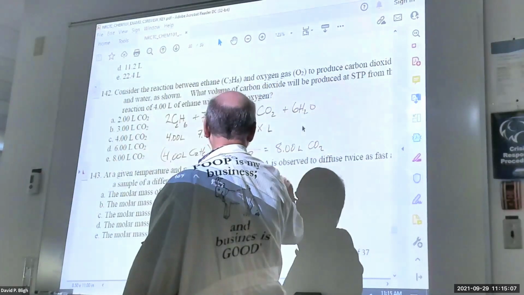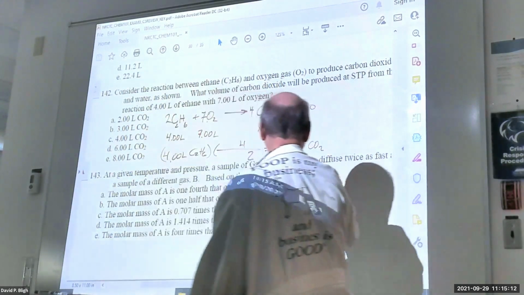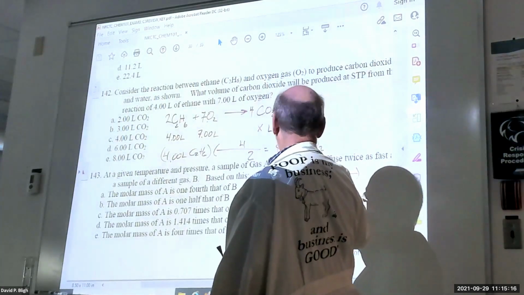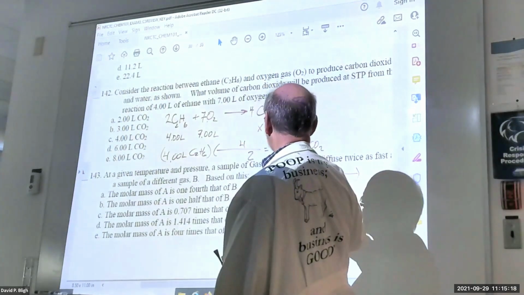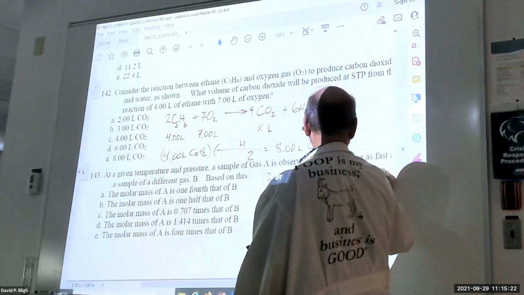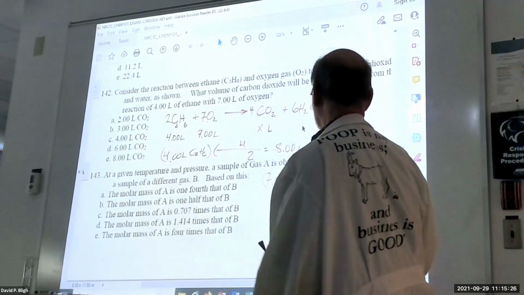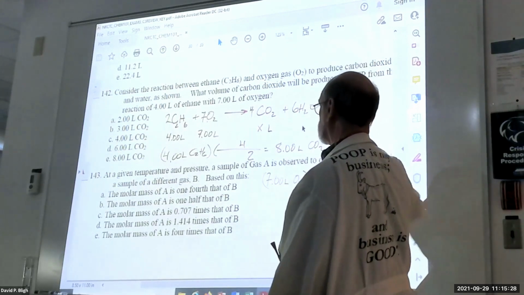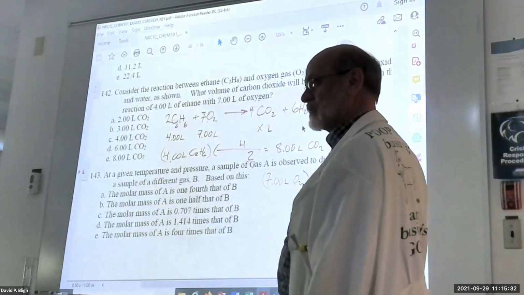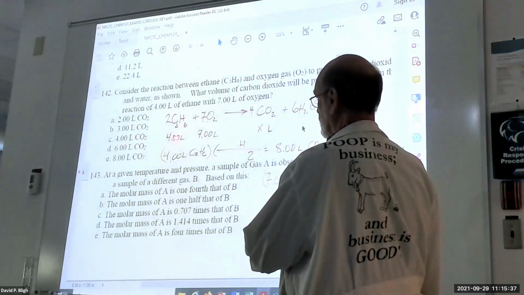Oxygen would be 7 liters, and we do the conversion there. So this is a 7 coefficient for oxygen and 4 for CO2, which means 4 liters of CO2. There it is. We're actually going to produce 4 liters of CO2, and we'll have excess ethane.